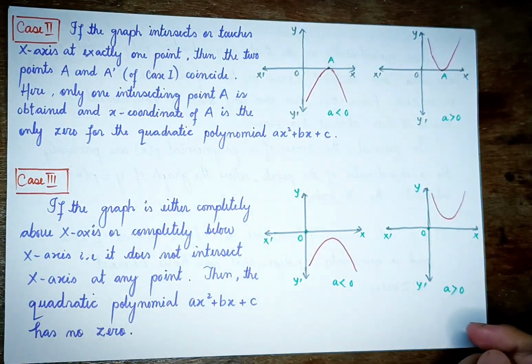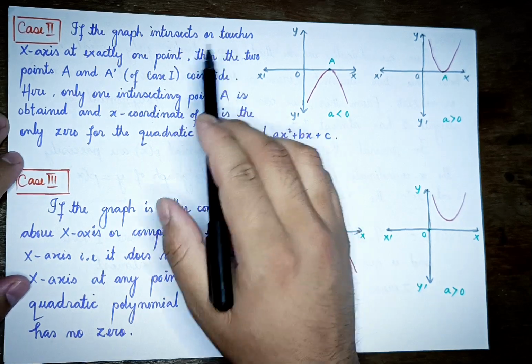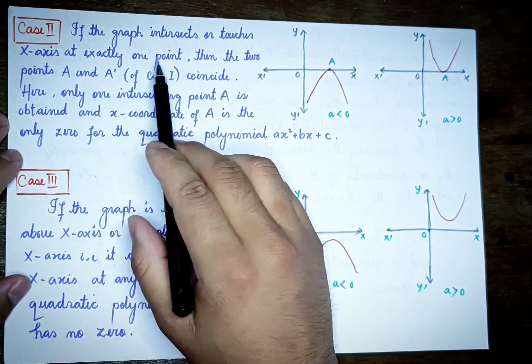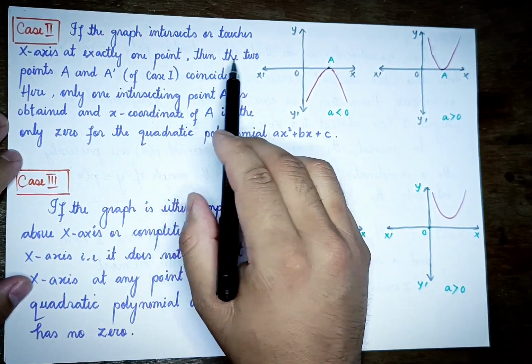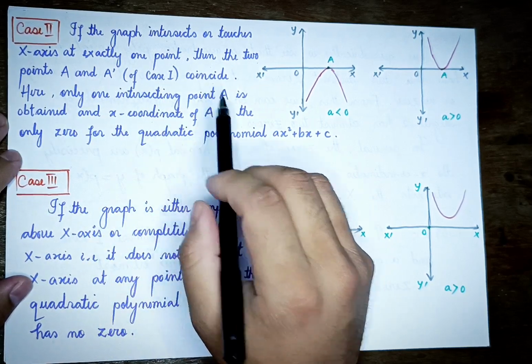Next, case number 2. If the graph touches the x-axis at exactly 1 point, then the 2 points A and A prime of case 1 coincide.